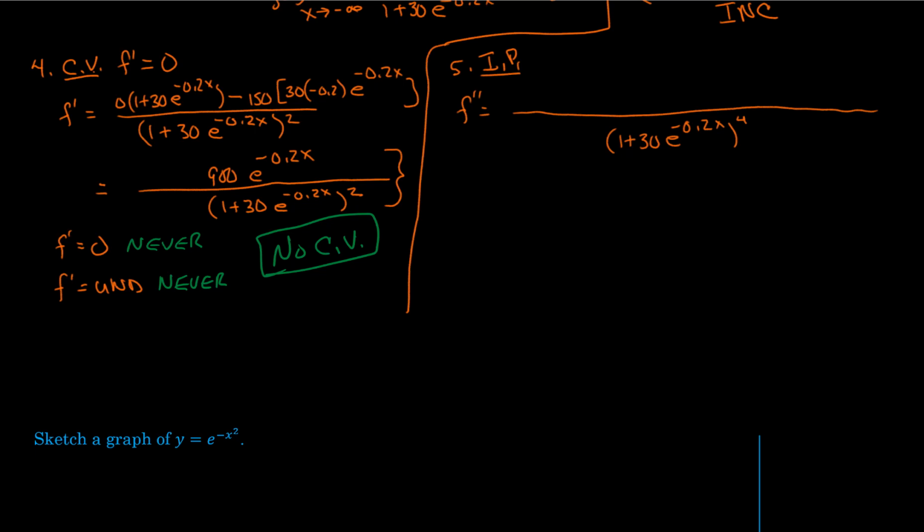I'm going to have a negative 0.2 times 900, which is going to give me 18, and a 0 e to the negative 0.2x times whatever's in the denominator. It's going to be this 1 plus 30 e to the negative 0.2x squared minus.